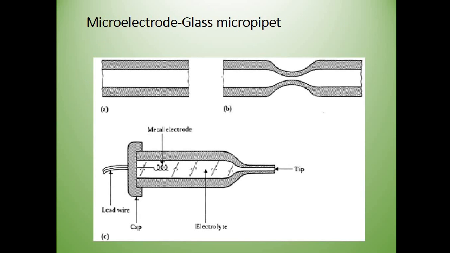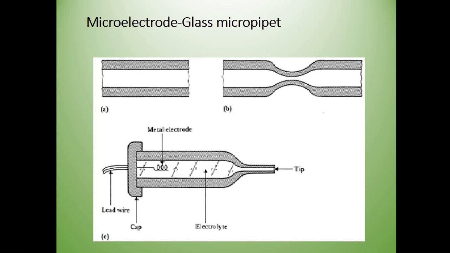So the microelectrodes are generally of two types, metal and micropipet. Metal microelectrodes are formed by electrolytically etching the tip of a fine tungsten or stainless steel wire to the desired state.